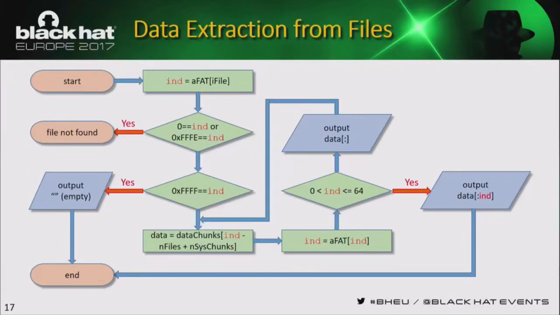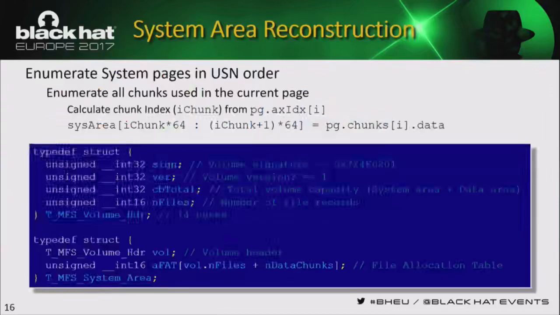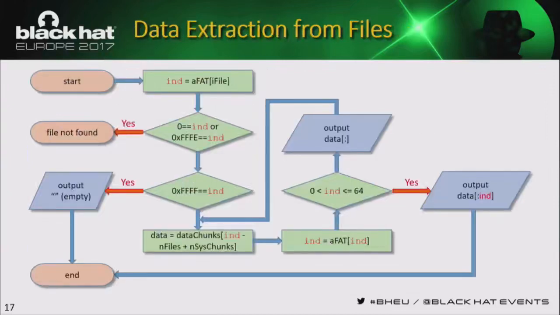At the lowest level of MFS, there are no file names. There are only numbers. The number of files that could be stored is held in the volume header, and as input to the data retrieval function, you have a file index. You look into the FAT and extract the index of the first block.